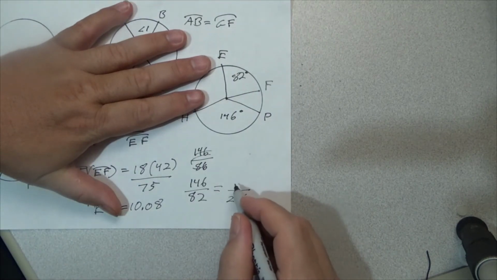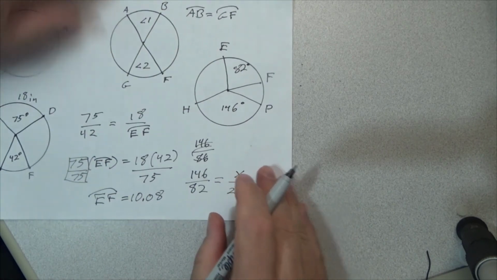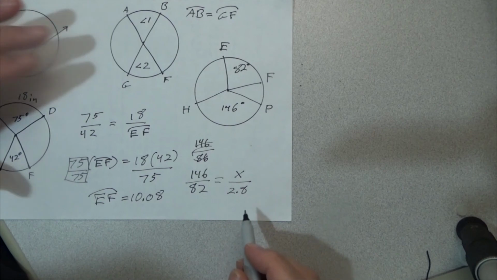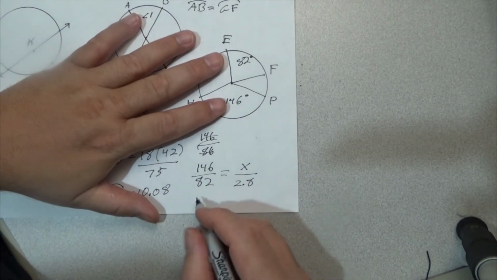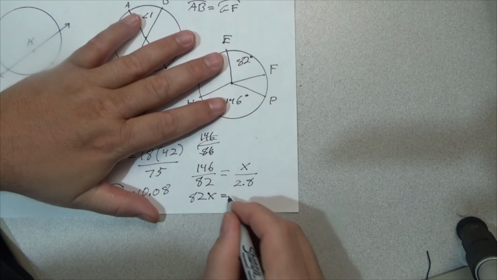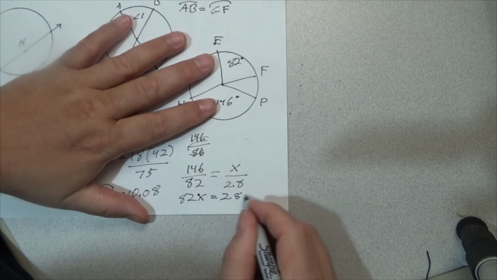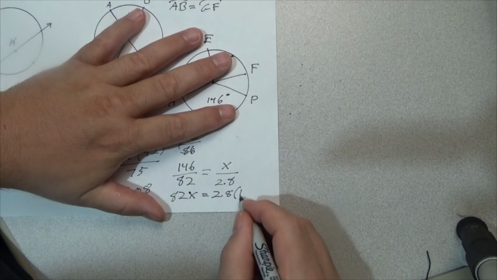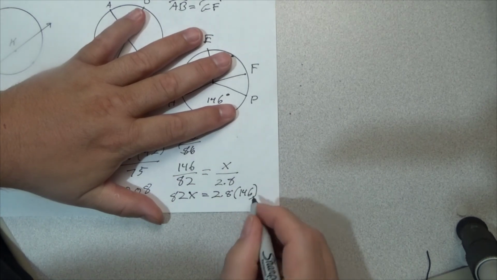So what is this one right here? We'll just call it X for right now. I don't like to use two letters. So 82X is equal to 2.8 times 146.